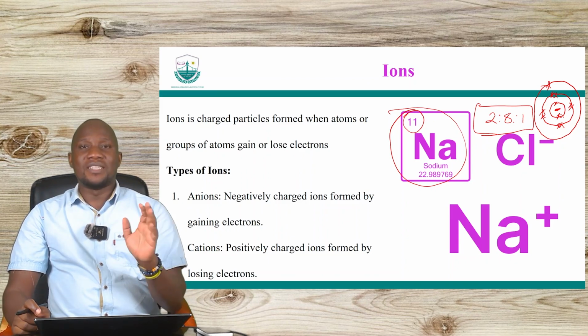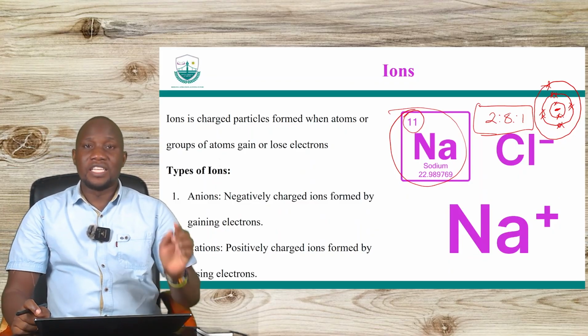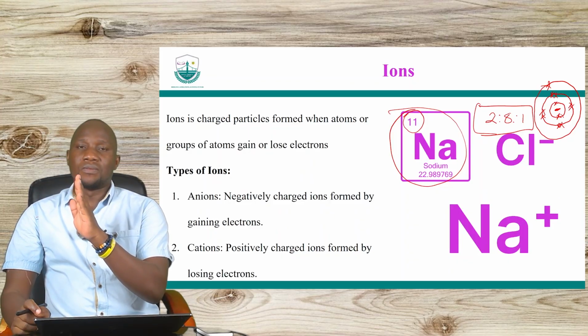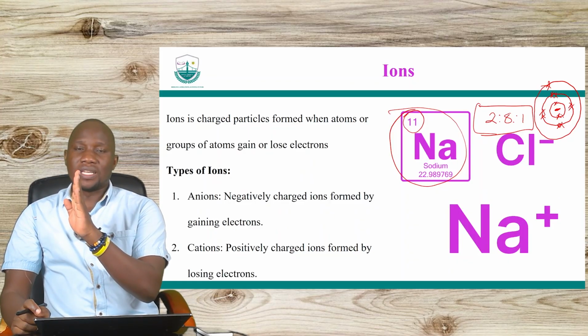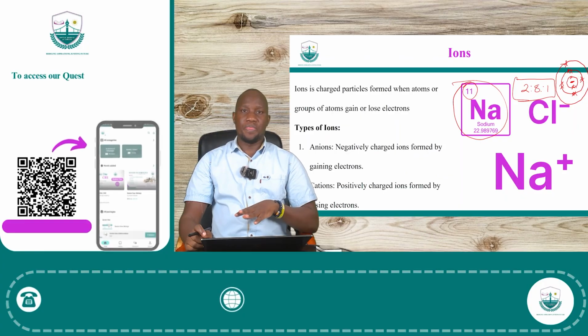Now, other elements also tend toward that stability. They need to get the electronic configuration that has 8 in the outermost shell for them to be stable.